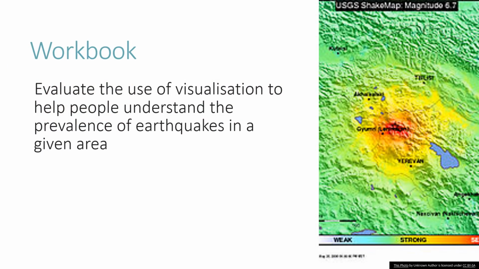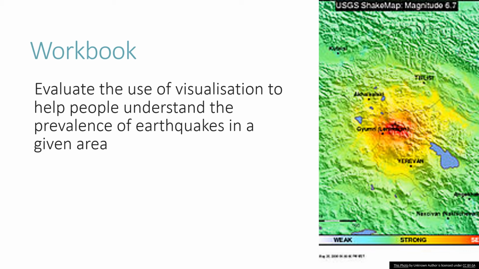So here's an example of a map showing some use of colour to indicate how earthquakes may be more or less likely within an area, and your task is to write a short answer, maybe write for about 10 minutes, evaluating the way that visualization could be used to help people to understand the prevalence of earthquakes.